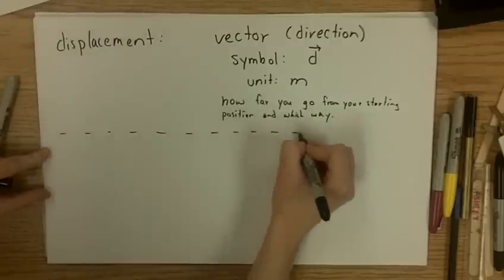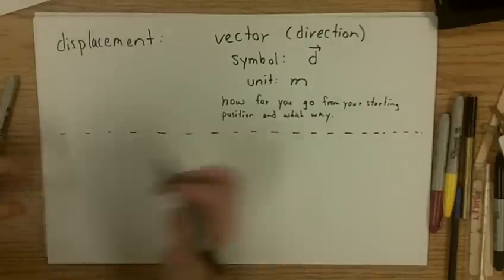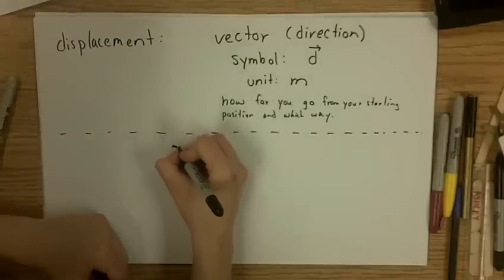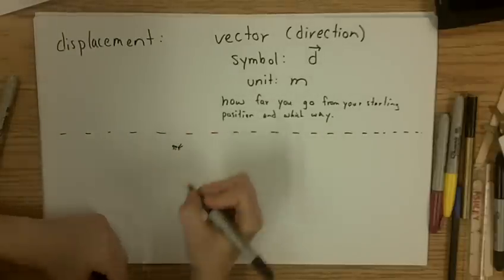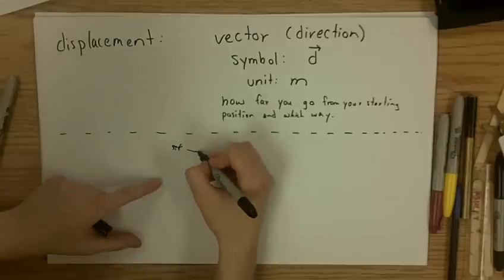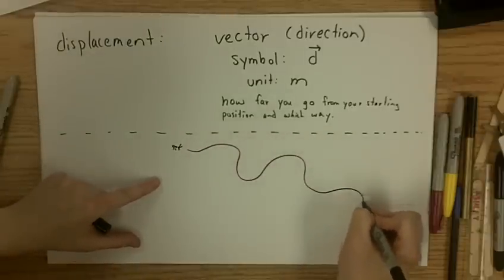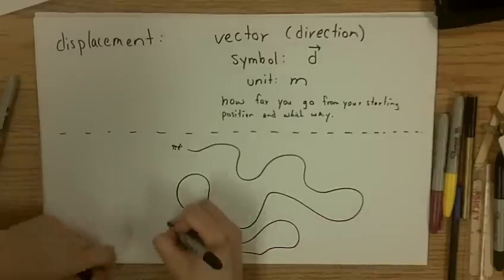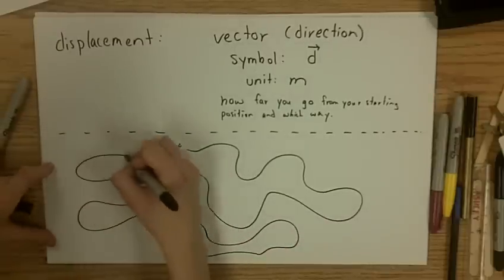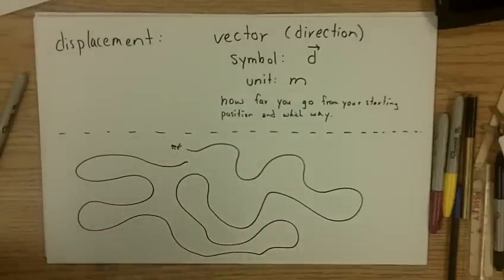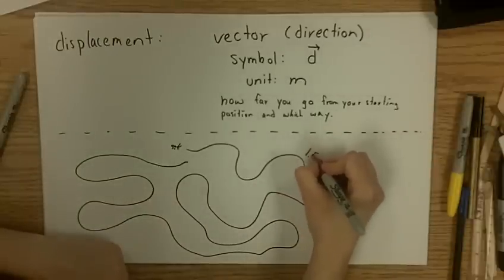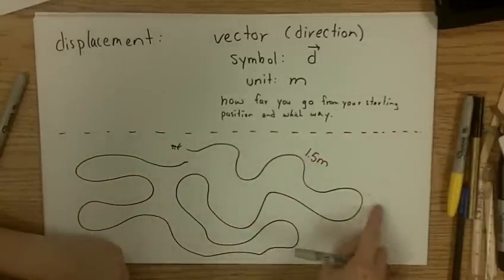Here's an example to illustrate the difference between distance and displacement. Imagine a little ant. And the ant makes a long trip wandering around my paper. Not the most efficient route, but here he is. This ant probably in total covered maybe even about 1.5 meters of all of this wiggly distance.